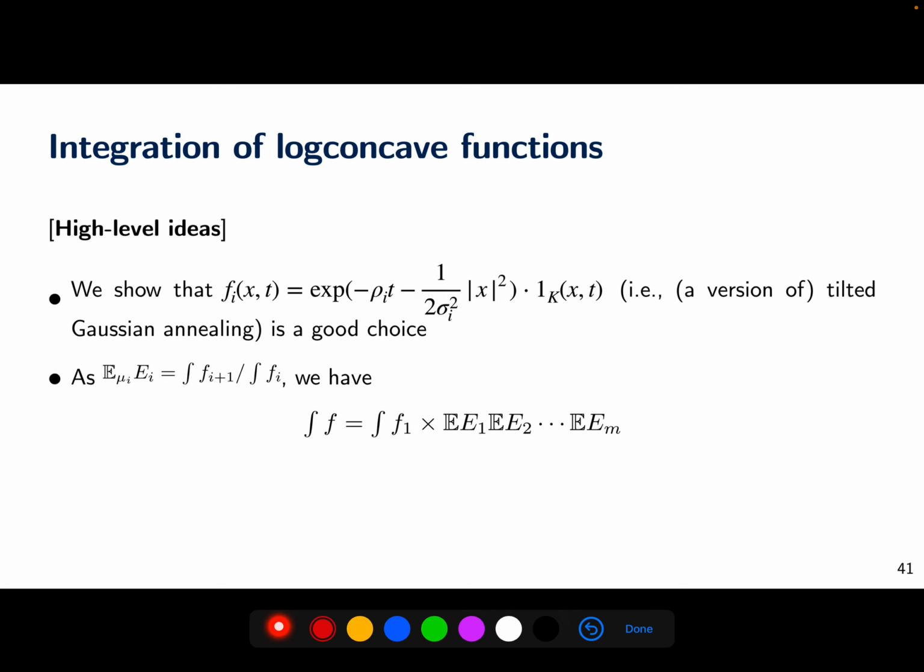Because we can easily check that the expectation of EI is simply the ratio of two integrals, we can write down our target quantity, the integral of f, as a telescoping product in this way. This one is f2, and then this one is the final quantity.